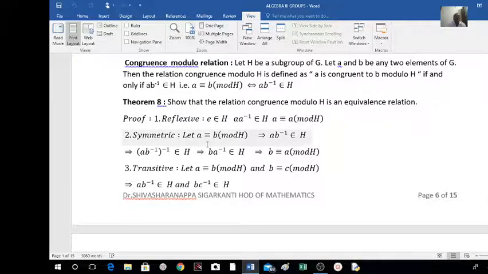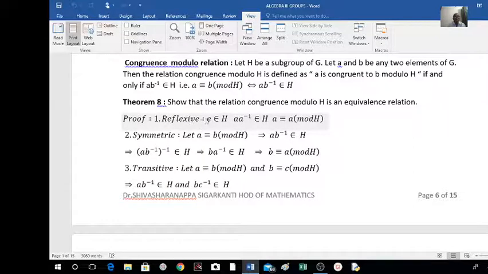Okay, first we go for the reflexive relation. What I have to prove here is that A related to A, meaning A congruent to A mod H. To prove that, I have to prove that AA inverse belongs to H. What is AA inverse? AA inverse is nothing but E. So it is very simple here.